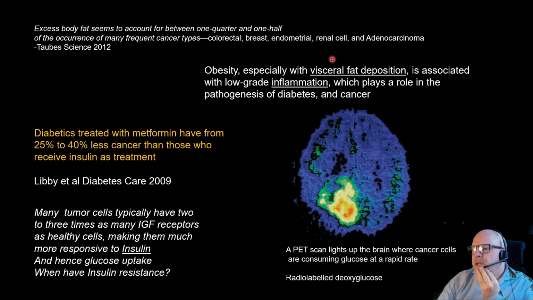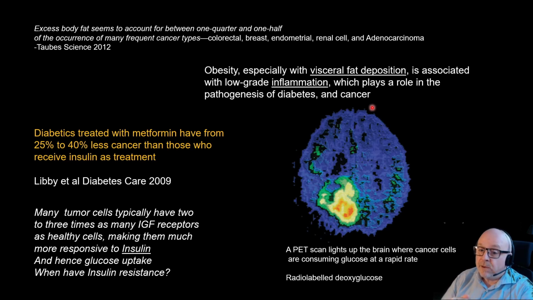Obesity, especially with visceral fat deposition, is associated with low-grade inflammation, which plays a role in the pathogenesis of diabetes and cancer. Low-grade inflammation is thought to be one of the drivers of cancer.